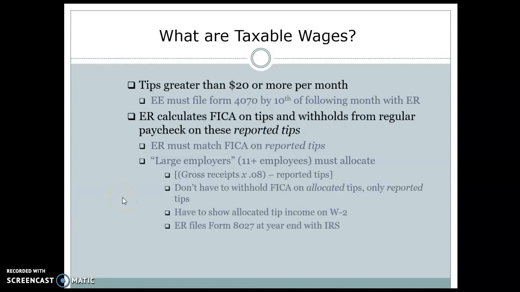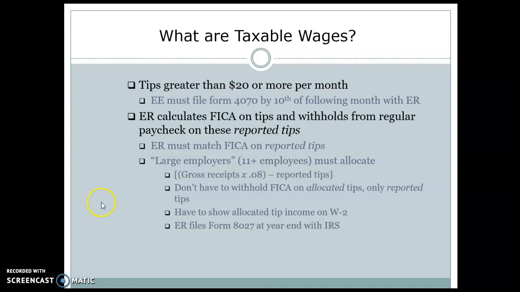Okay, these are when the employee makes tips, and if they have tips of $20 or more a month, then the employee has to fill out a form by the 10th of the following month with the employer, and that shows how much tips they are recording, that they're claiming that they received.